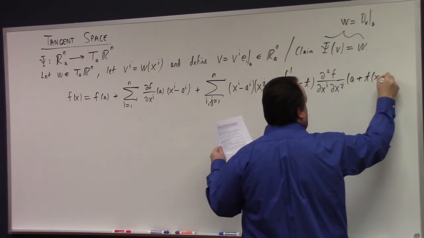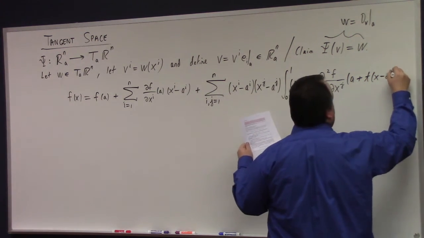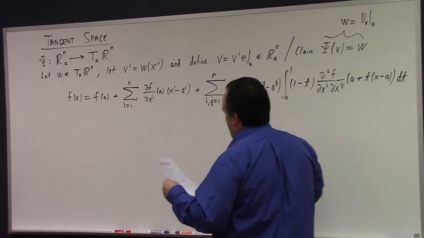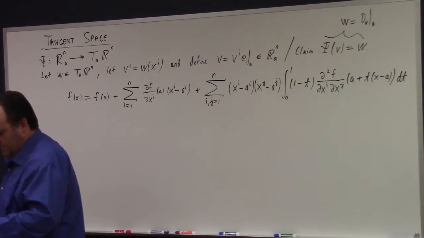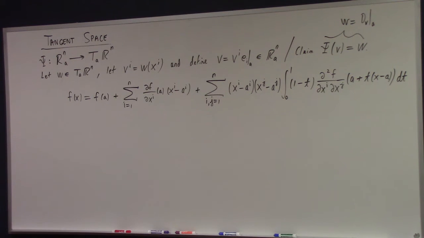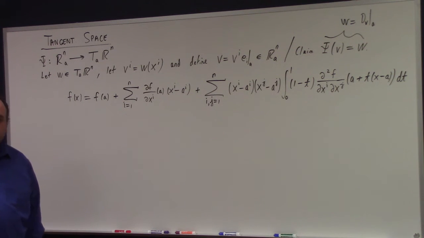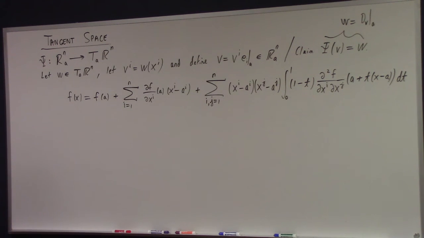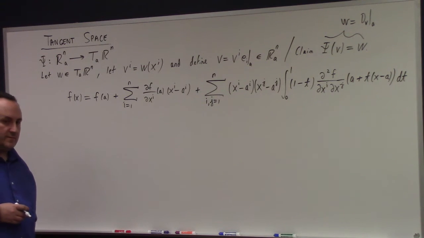So this is a formula which is known for a smooth function that relates the smooth function to its derivatives at the point in question A. And this is Taylor's theorem. Taylor's theorem only applies in this sense if we know that f is smooth.